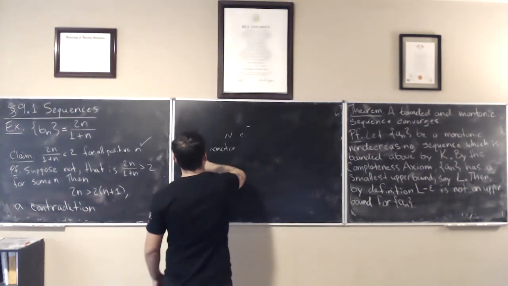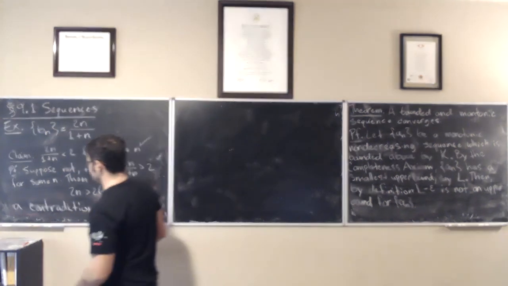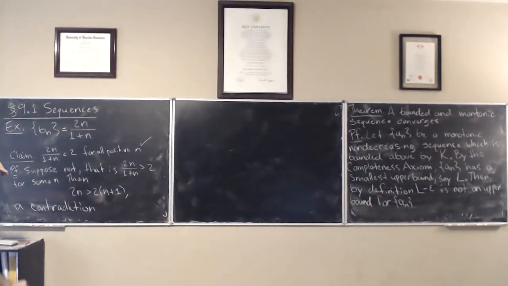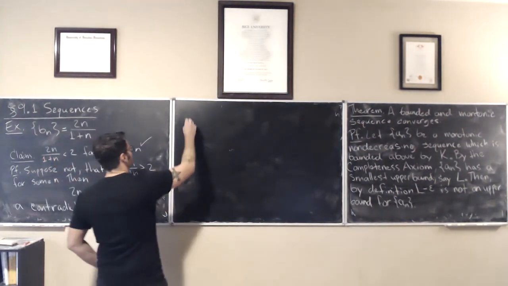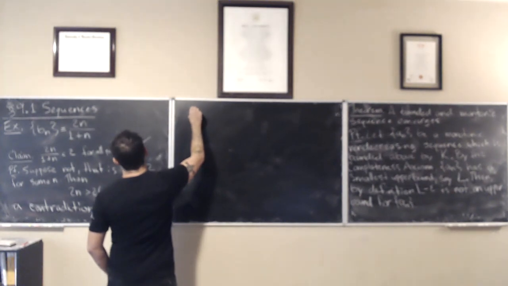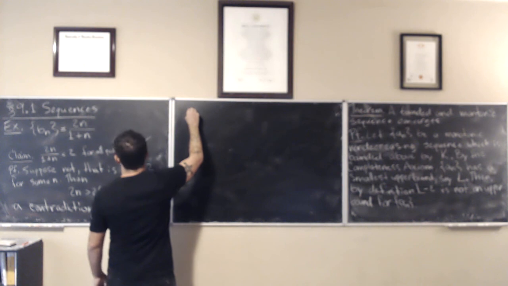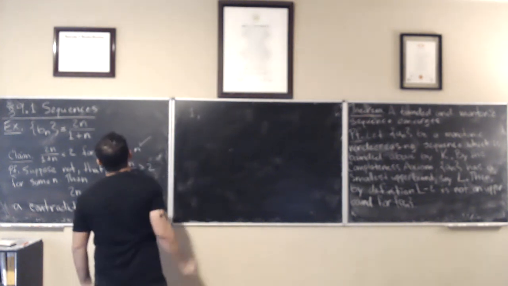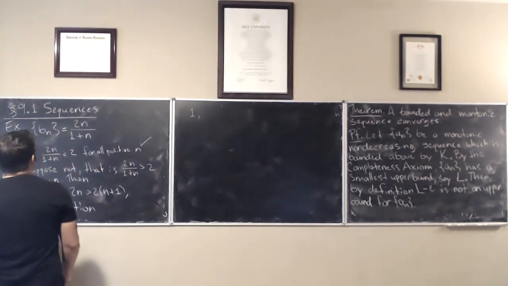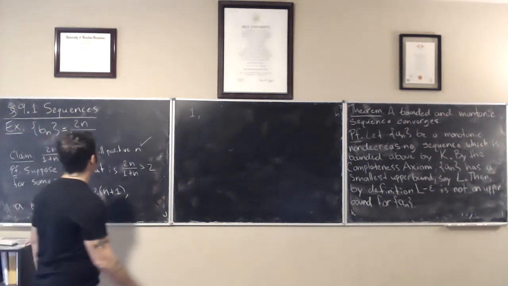Is it monotone? Let's just check with some values of n. When n is equal to 1, we have 2 over 2, which is just 1. When n is equal to 2, we have 4 thirds.